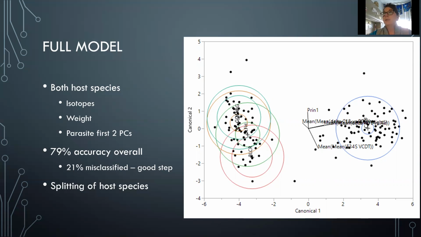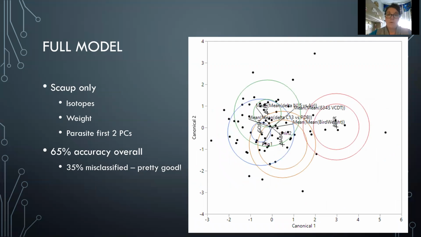I don't know that we're going to get better performance without having a much more complicated model built to try and explain these things. But as I had mentioned before, even though people don't like cormorants, they're not necessarily the things that are sitting on these baitfish ponds. So I wanted to split and rerun all of these models again, just with the scaup, and this is what we find here.